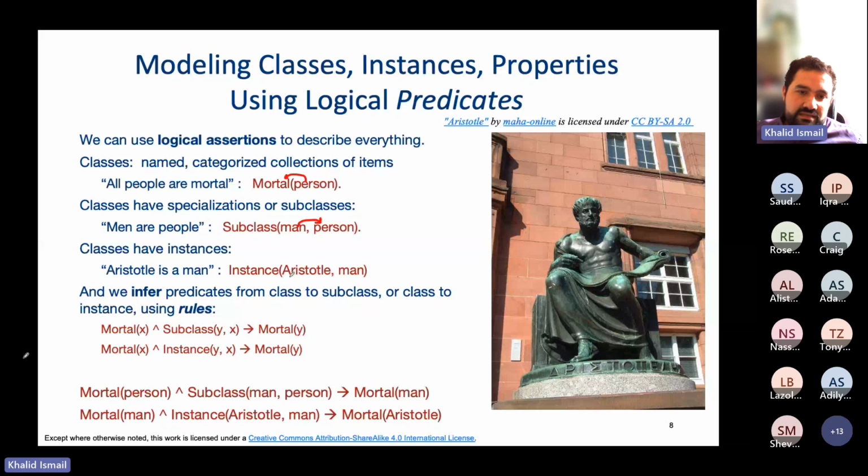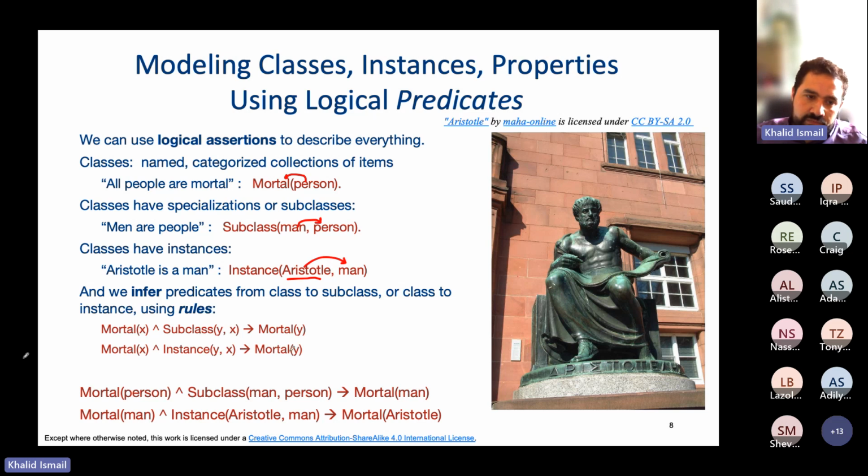And we have instances. For example, we have a person called Aristotle, and this is simply an instance of the man class, or the man subclass in this case. In this case, we can infer from class to subclass, or from class to instance, using the following rules.